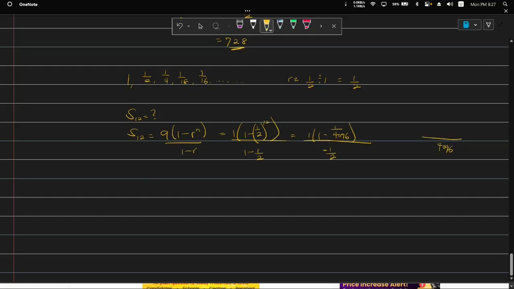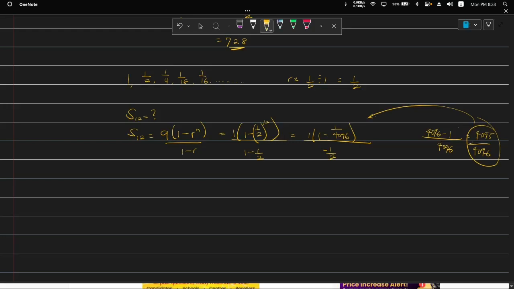4096 divided by 1 is 4096, times 1 on top, which is 4096. Minus 4096 divided by 4096, which gives us 1, times 1 on top, which is 1. Therefore, we have 4095 over 4096 for only the top.